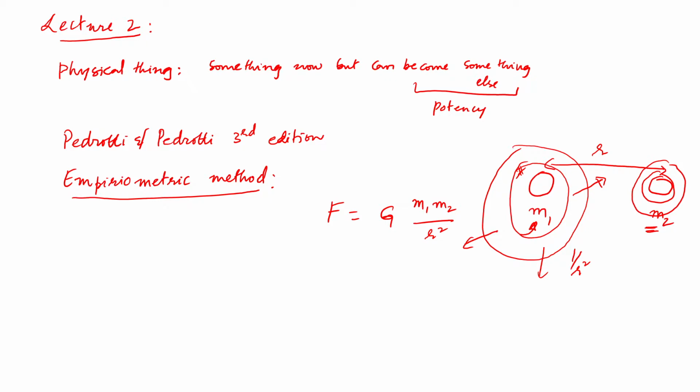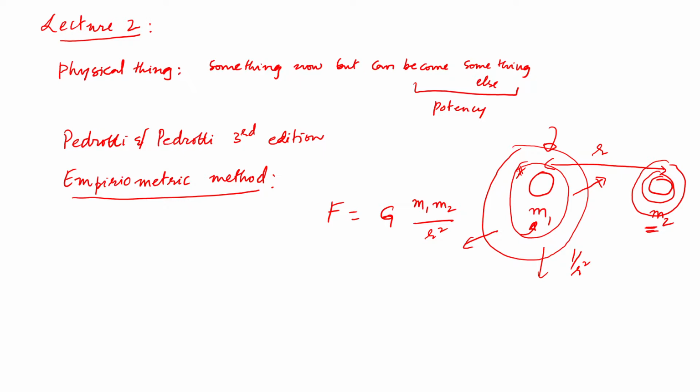So if I remove mass m1, for example, it takes a while for this information to propagate to mass m2, because as soon as you take this mass m1 out, the changes in the space that it has created do not disappear immediately. It takes time for this to propagate from where m1 is to m2. So that's what you have to bear in mind, that space is not nothingness or emptiness.